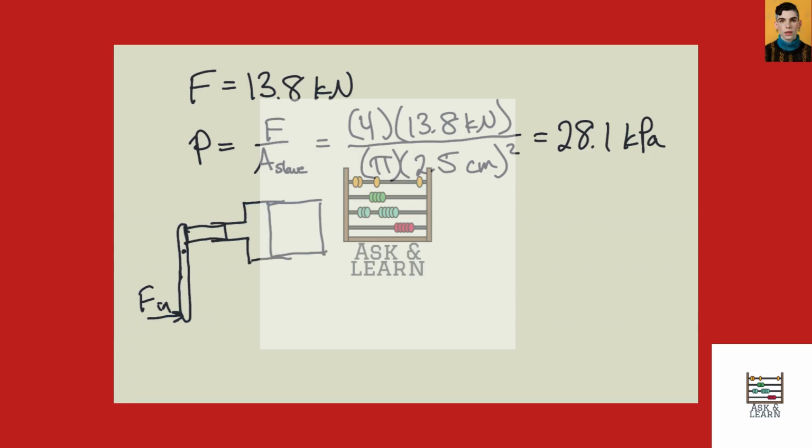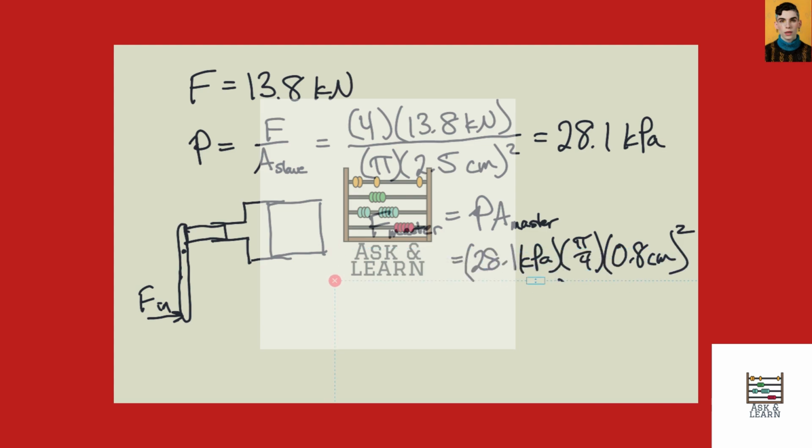Now, we're told that we have a lever arm pushing on the master cylinder, and that this lever arm has a mechanical advantage of 5, meaning that this distance here is going to be 1/5 of this distance here. We know the pressure in our hydraulic fluid in here is just 28.1 kilopascals, so we can figure out what force is acting on our master cylinder, and that is simply the pressure in the hydraulic fluid times the area of the master cylinder.